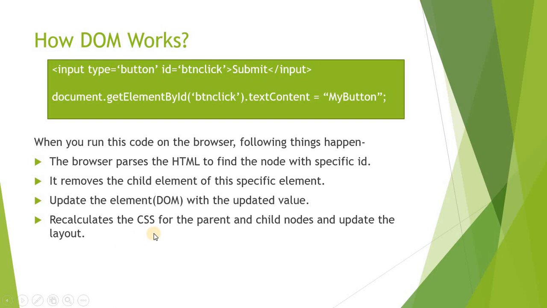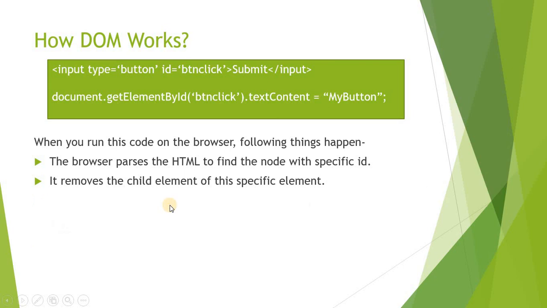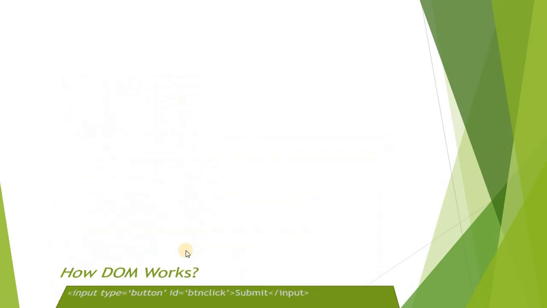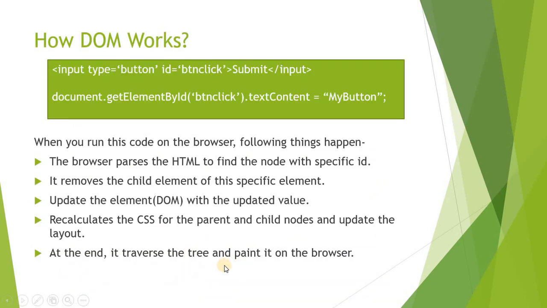Then it recalculates the CSS for the parent as well as the child nodes and updates the layout of your tree. At the end it traverses all your trees and paints the browser.